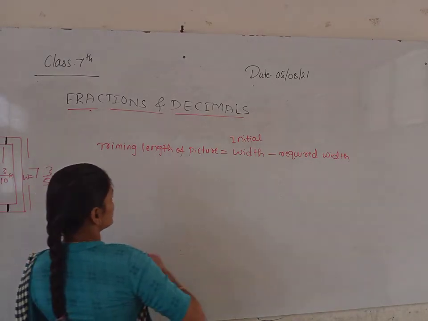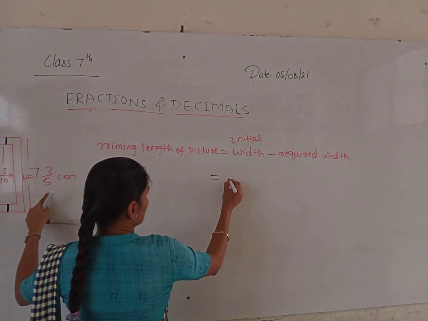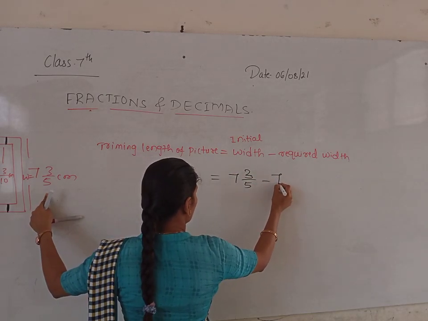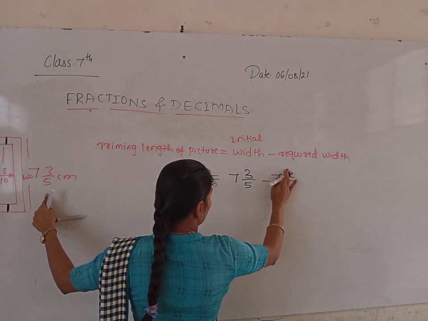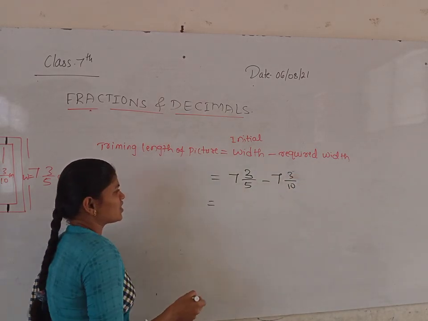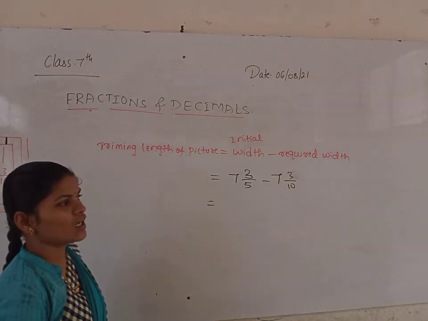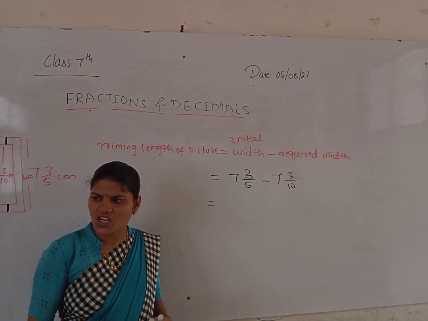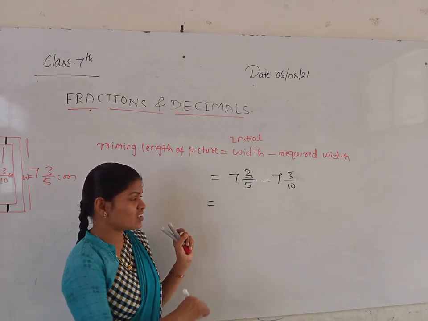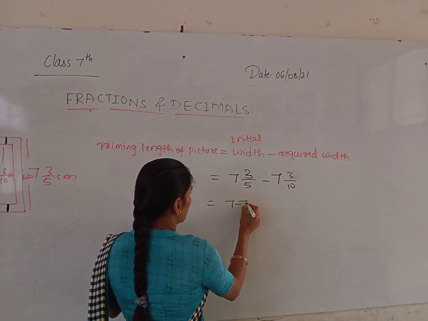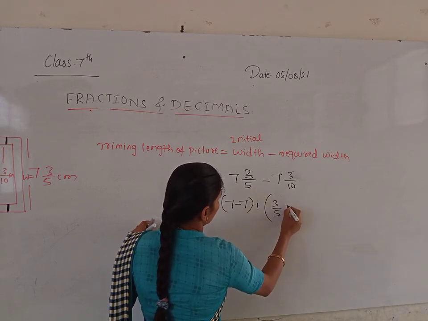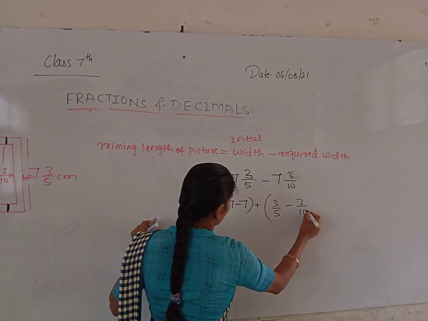So initially what was the width of this one? 7 2/5... 7 3/5 centimeter minus 7 3/10 centimeter. Okay. So now first you have to convert these two into improper fractions, or else you can follow the first method of addition and subtraction. So what is the first method? 7 minus 7 plus 3/5 minus 3/10.